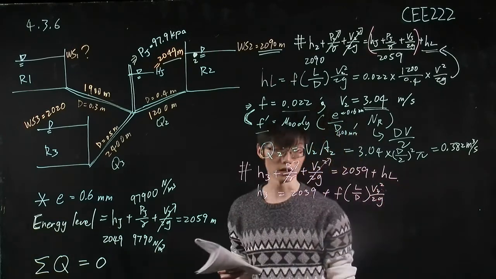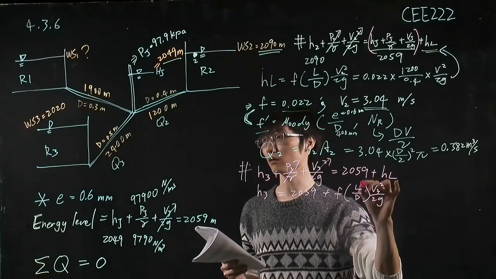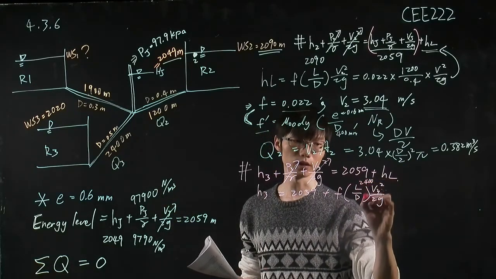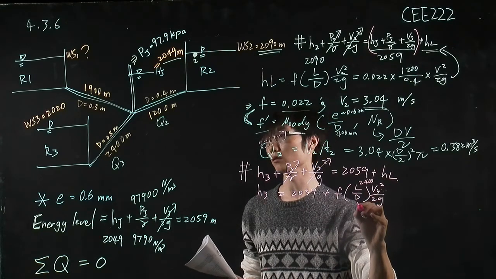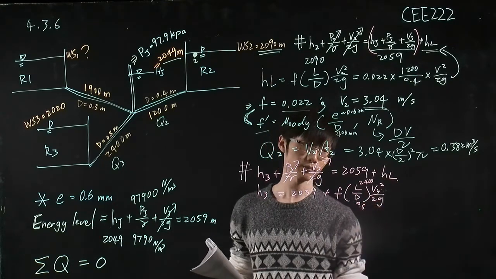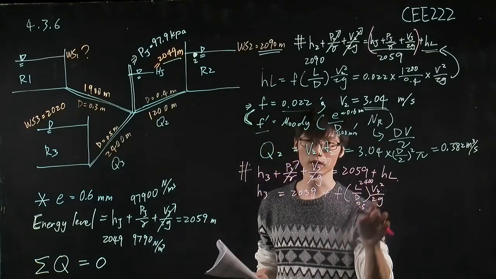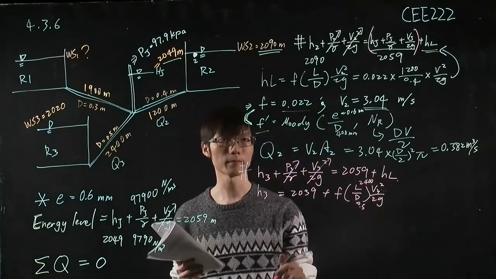We know the length is equal to 2400, the diameter is equal to 0.5 meter, and we want to solve for this factor f and velocity V3.